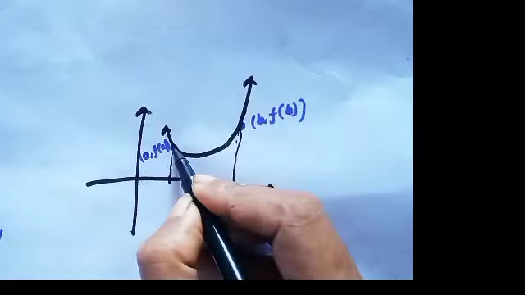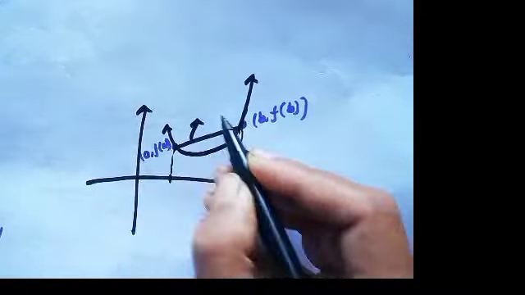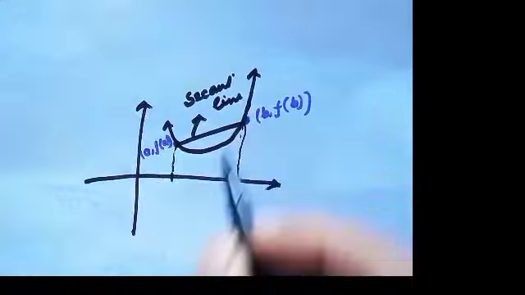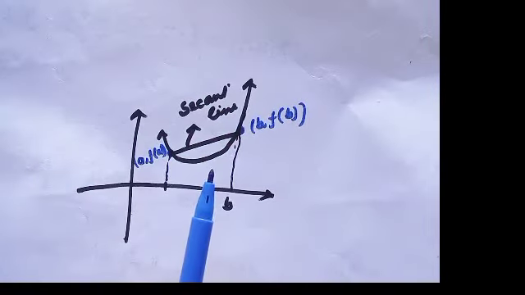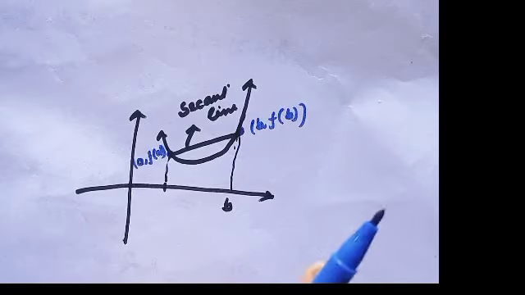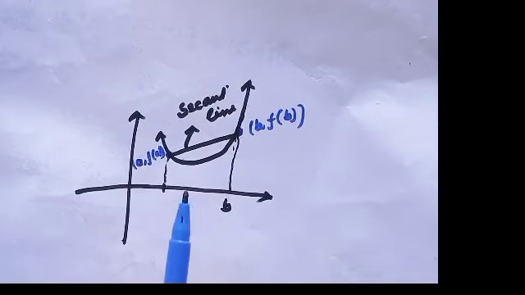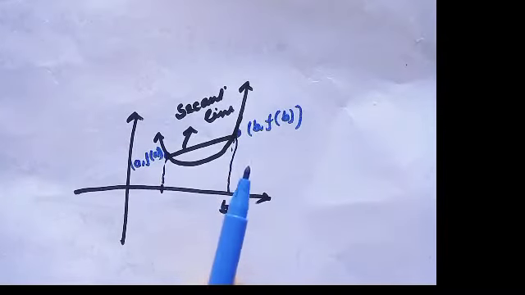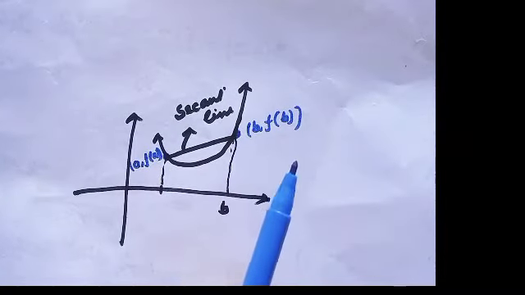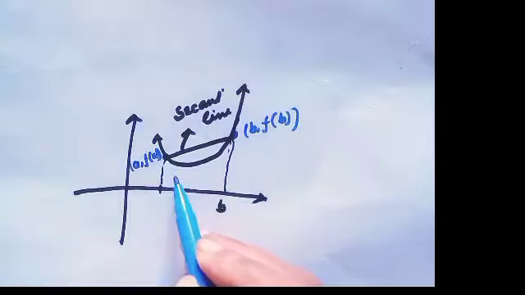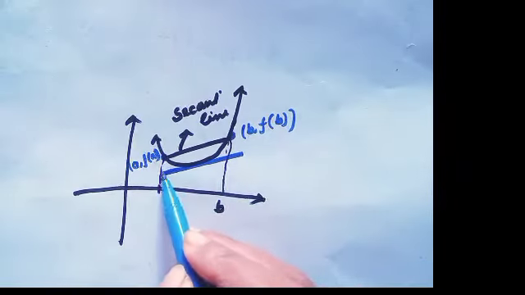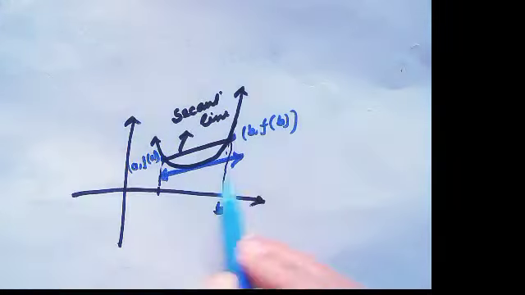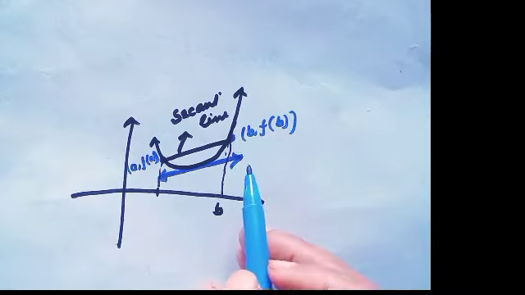This is the secant line, we all know. And notice there exist many tangent lines, but there exists one tangent line whose slope is equal to the slope of the secant line. This is the tangent line which is parallel to the secant line.